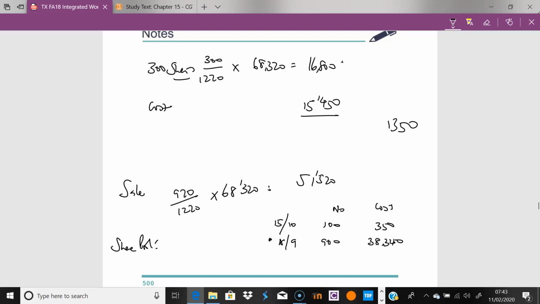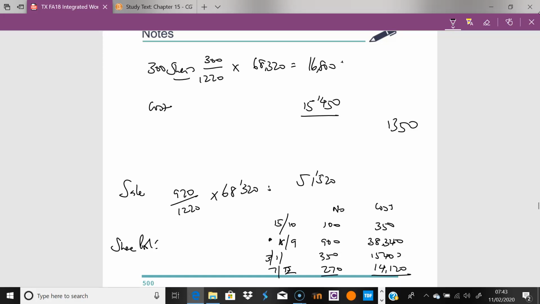Then in January, on the third of the first, you had 350, and then you had 50,400. Then on the 7th of February, you had 270, and then you had 14,120.